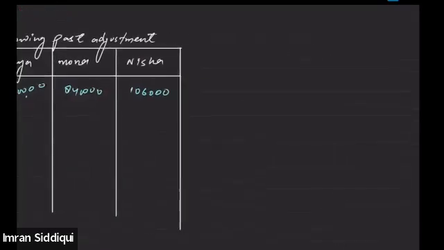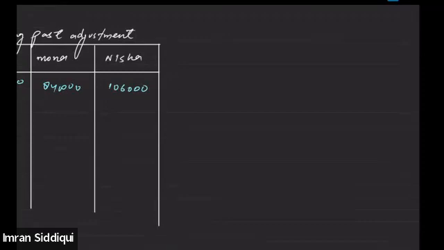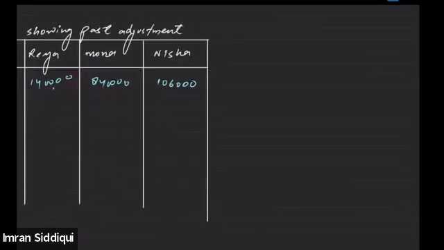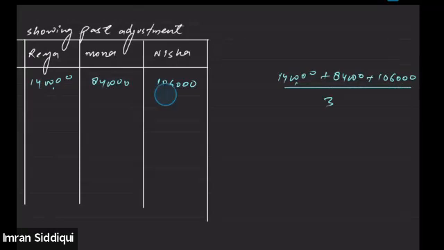What we'll do, we'll total this profit: 1,40,000 plus 84,000 plus 1,06,000. We'll divide this by 3 and we'll get the average profit of the last 3 years.